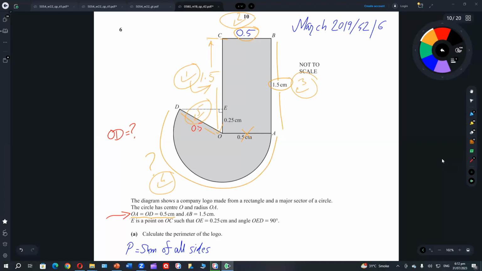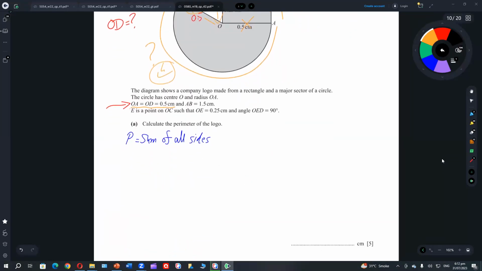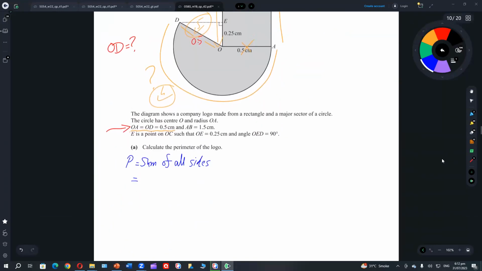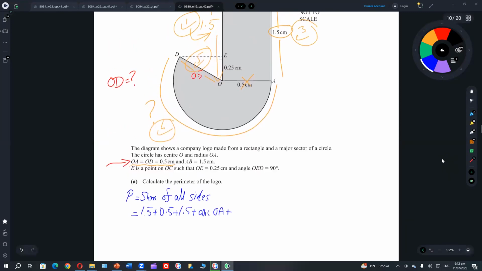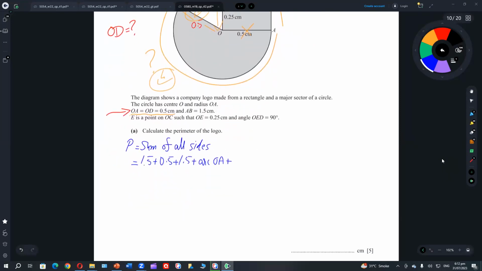This is arc length OA. All the other sides are available. So I show the examiner some working: 1.5 plus 0.5 plus 1.5 plus arc OA plus 0.5.